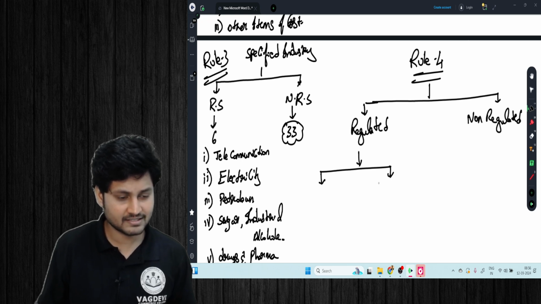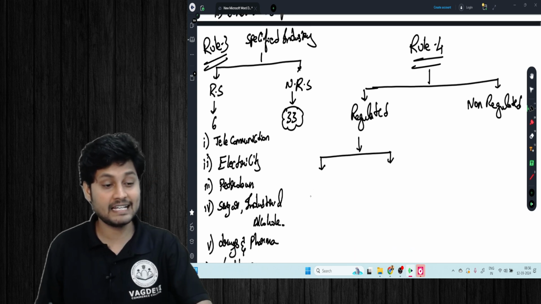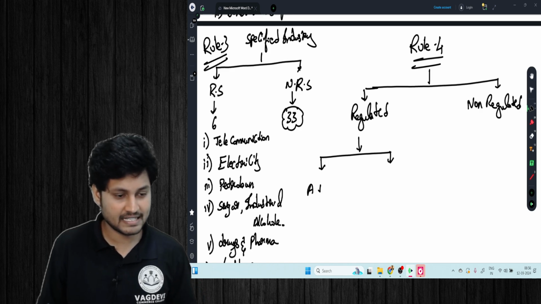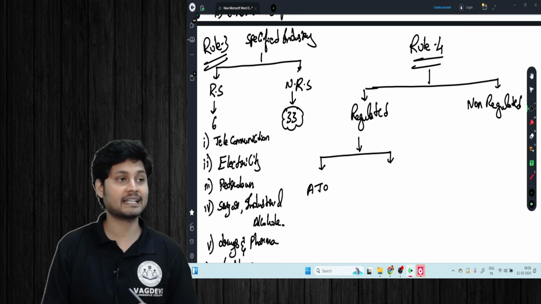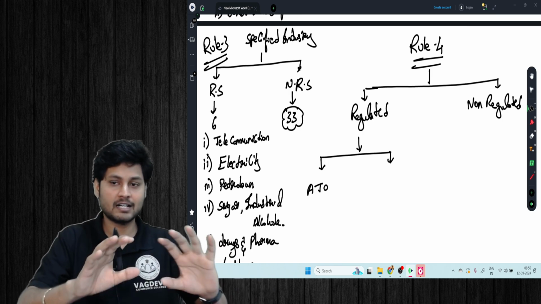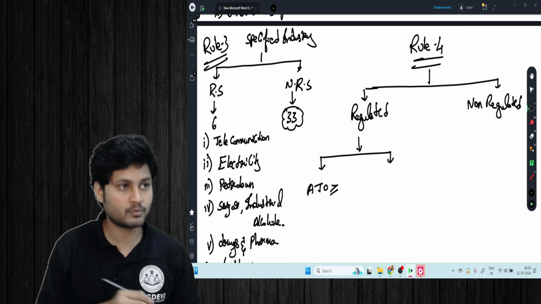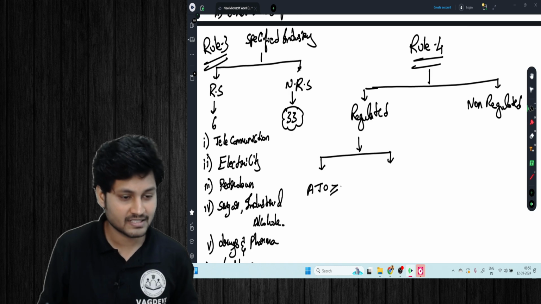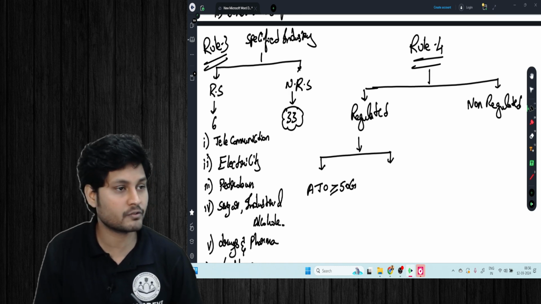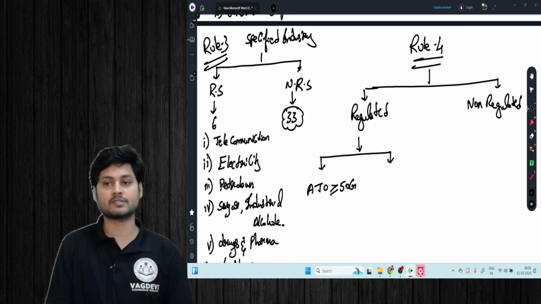What are the two conditions? Aggregate turnover for all of its products and all the services. Aggregate turnover, if it is more than or equal to how much? 50 crores. Very beautiful. Okay, 50 crores aggregate turnover, more than or equal to 50 crores.